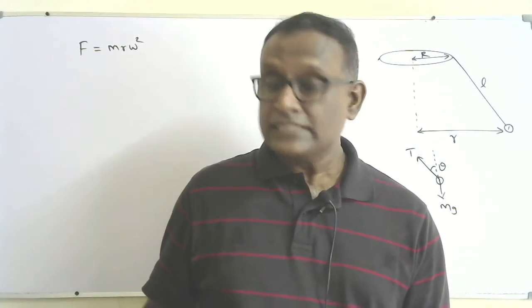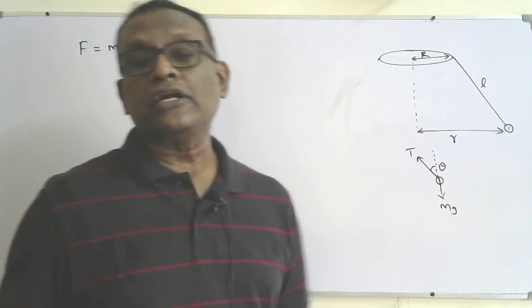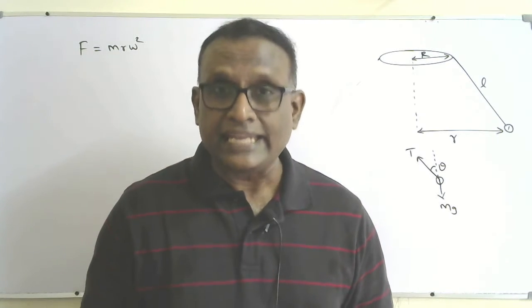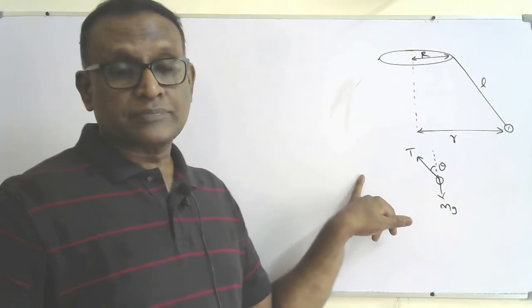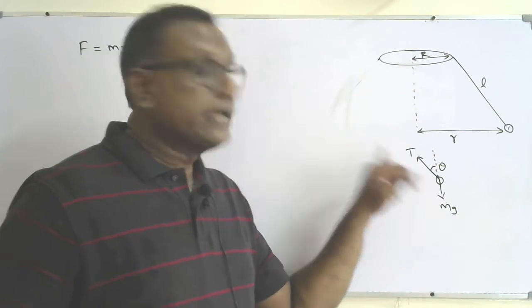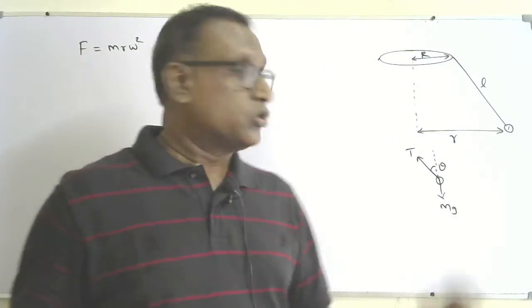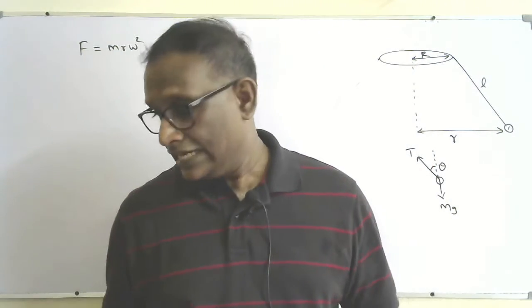That is not possible. It's a wrong statement, because if the string becomes vertical, then theta will become equal to 0. When theta becomes equal to 0, there won't be any horizontal force, because the required centripetal force is provided by the horizontal component of the tension, that will be equal to 0 if the string becomes vertical. So that statement is wrong.